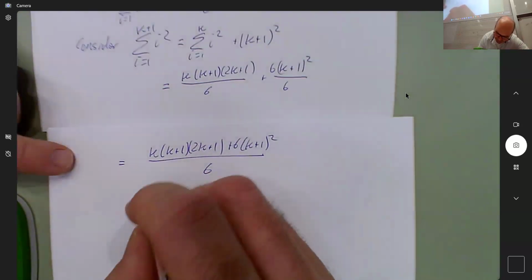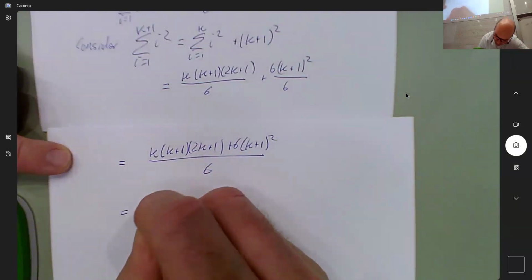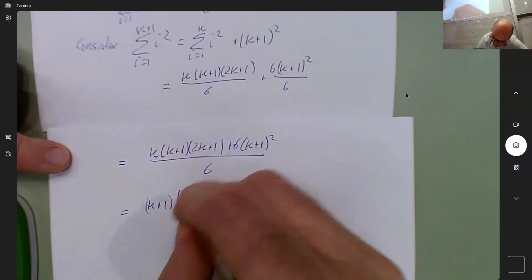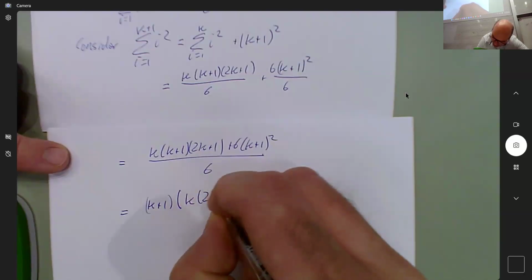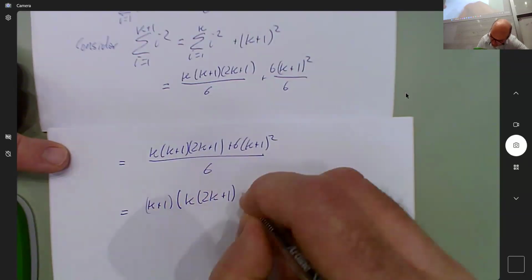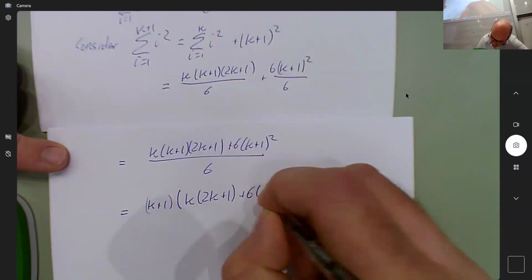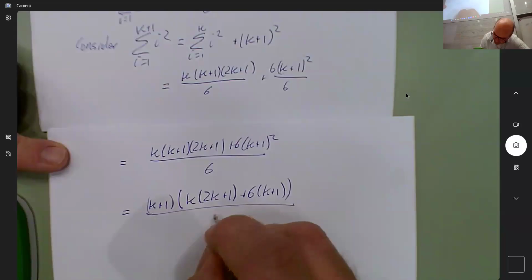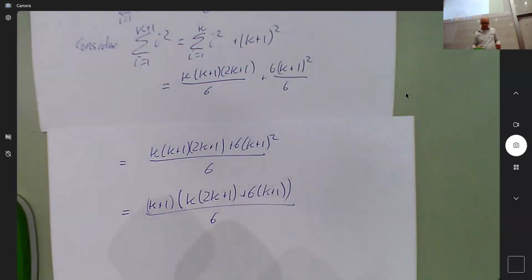So we are going to go k plus 1. There's a k plus 1 here, and there's 2 of them here. So I'm going to go k plus 1 times 2k plus 1 plus 6 times k plus 1, on 6. Loving the plan so far.